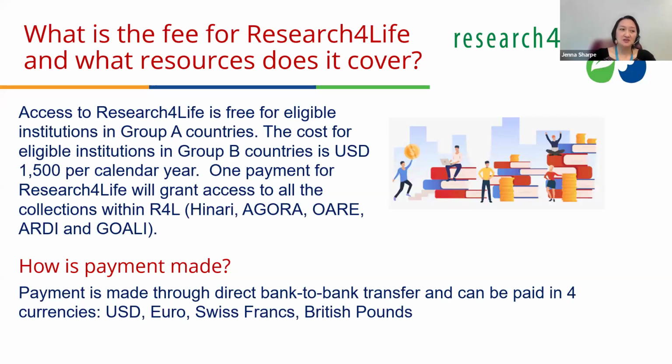All the bank details for making the transfer are sent in our renewal in October to all the Group B institutions in the eligible countries. Importantly, please note that WHO does not have intermediary banks that accept payment from within the country. It is only direct bank-to-bank transfer. Next slide, please.